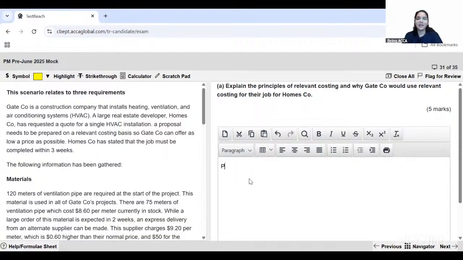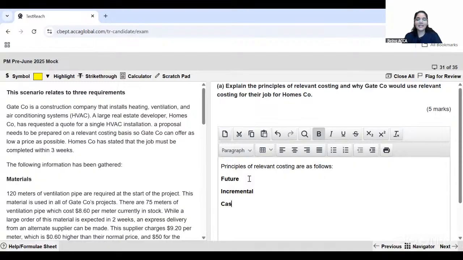So we will say that principles of relevant costing are as follows. So the first that we have relevant, we can use even bold subheadings. First relevant cost that we have is the future costs. Second, it has to be an incremental. So let's put it as future incremental.